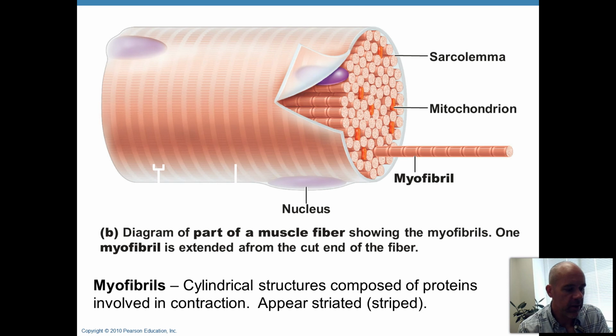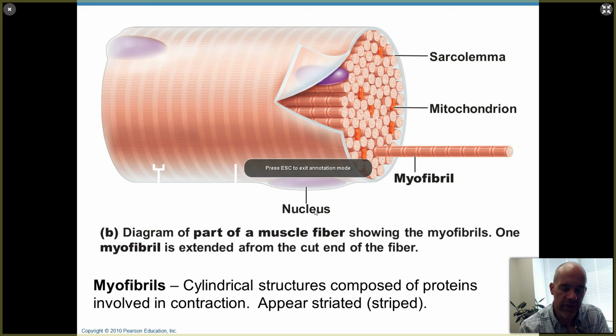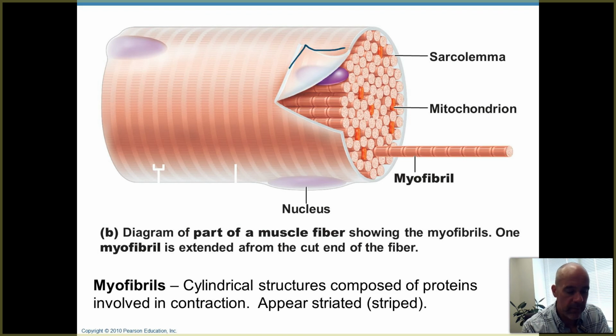All right, so here we are zooming in on a portion of a single skeletal muscle fiber. And of course, this little transparent thing they're peeling off there is supposed to be the plasma membrane or the cell membrane that they're cutting open.